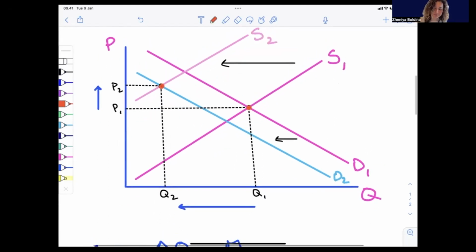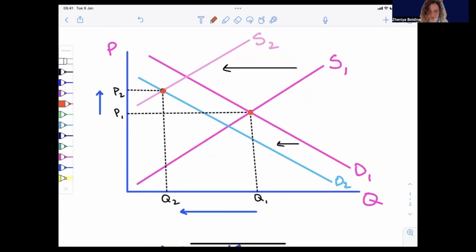You can see here now our final quantity decreases from Q1 to Q2, so there's a significant decrease, while our price increases from P1 to P2. So this is our new equilibrium point. It would be a different case, for instance, if our change in demand had been greater than supply, so it would have been the opposite.